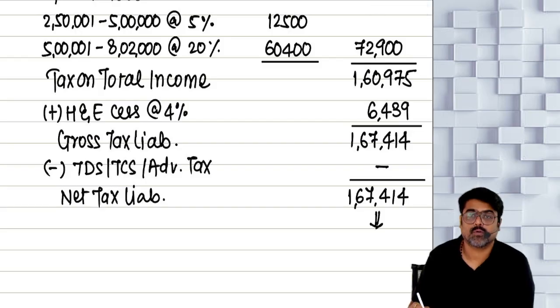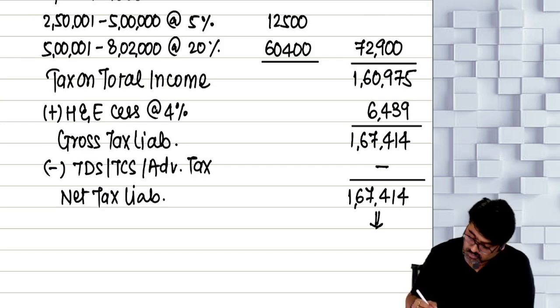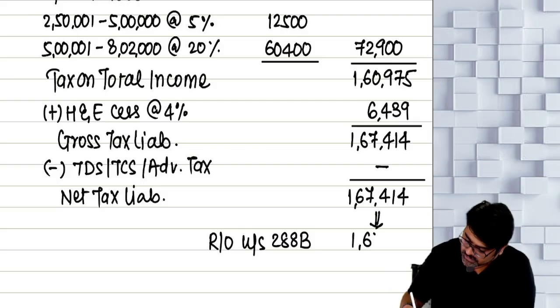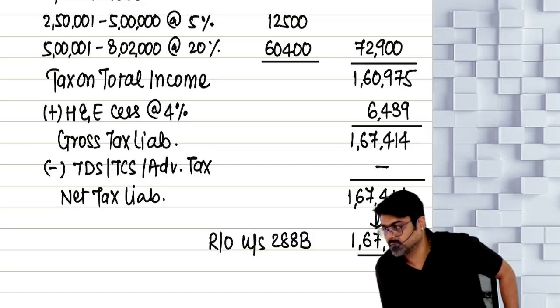You will have to round off. 1 mark will be gone if you forget to round it off. So this is rounded off under section 288B to the nearest multiple of rupees 10. 1,67,410.